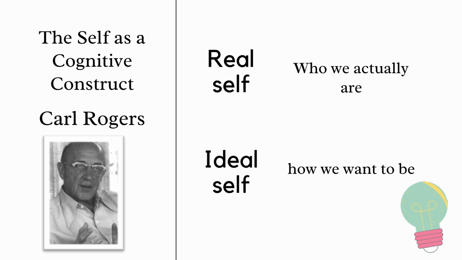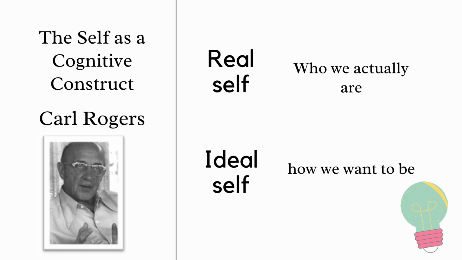However, because we have no way of truly knowing how others view us, the real self becomes our self image. So, in simple terms, we might see ourselves as a good person or a bad person, beautiful or ugly. Our self image actually affects how we think, how we feel, and how we behave.